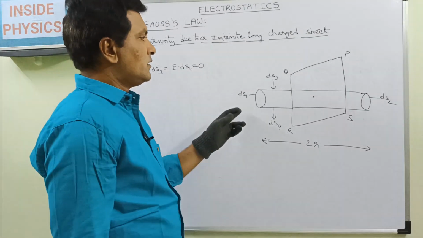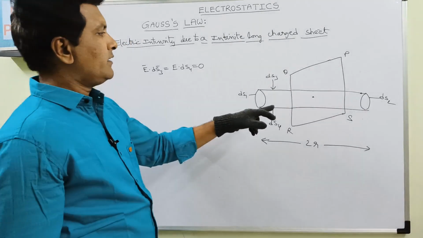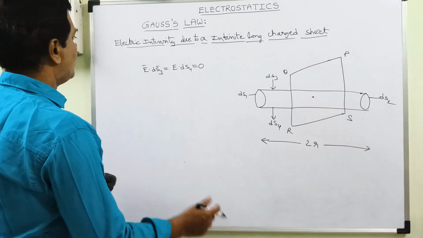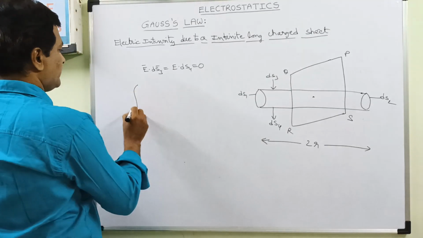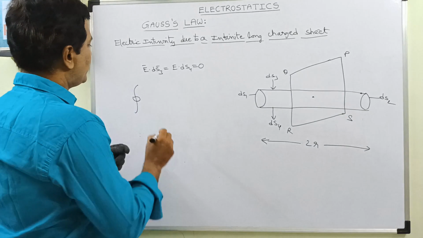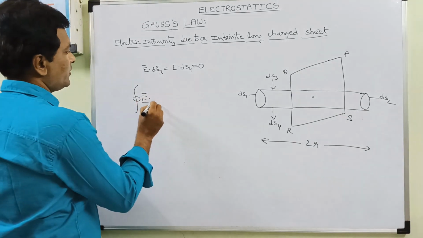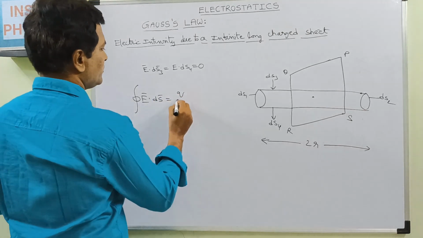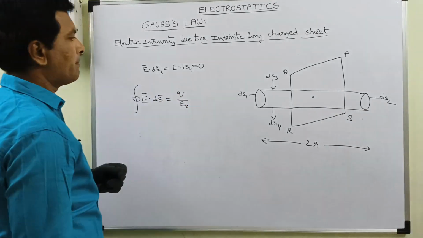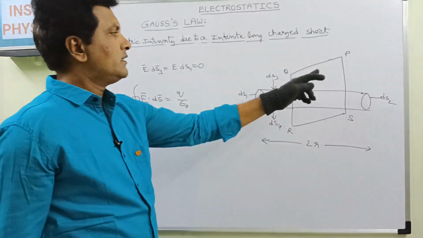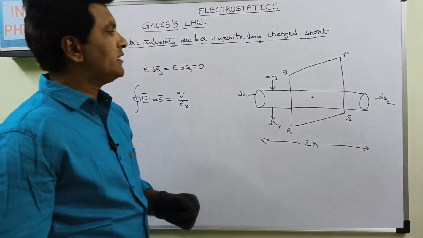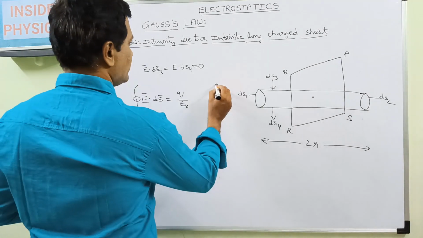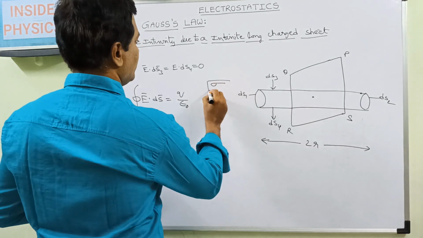Again we apply the Gauss theorem to this Gaussian surface, which is in the form of a cylinder. We take the Gaussian formula: flux is equal to q by epsilon naught. This entire infinite sheet has a charge density of sigma.